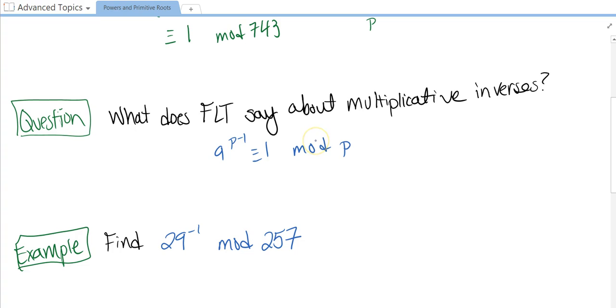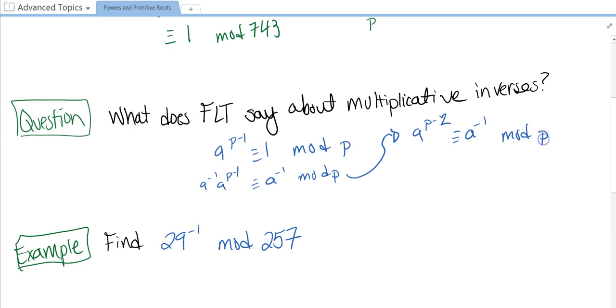Then I can multiply both sides by a to the negative 1, so a to the negative 1 times a to the p minus 1 is congruent to a to the negative 1 mod p. At the end of the day, a to the p minus 2 is congruent to the inverse of a mod p.